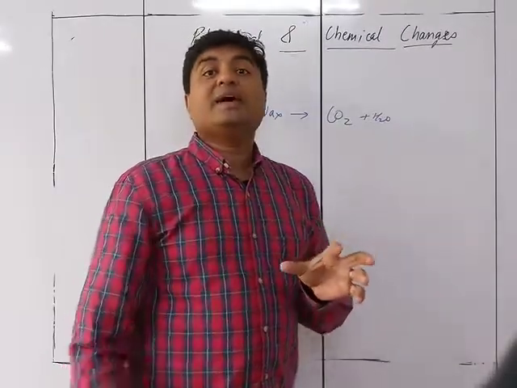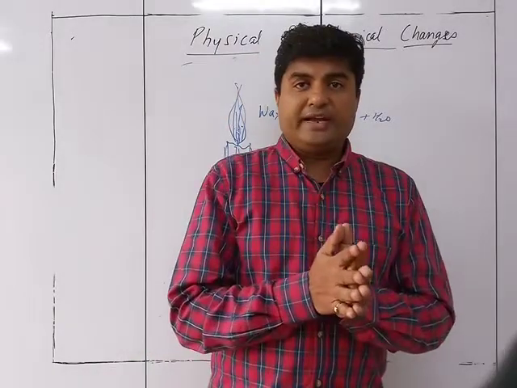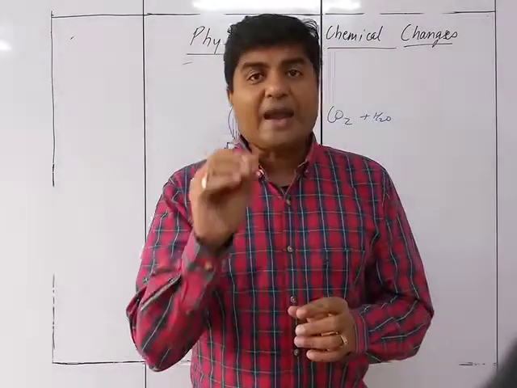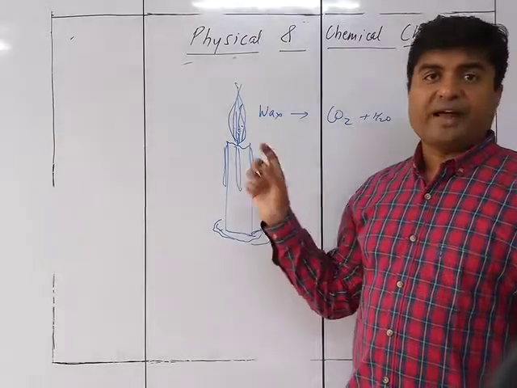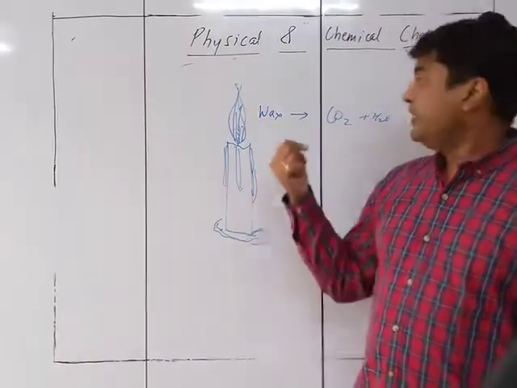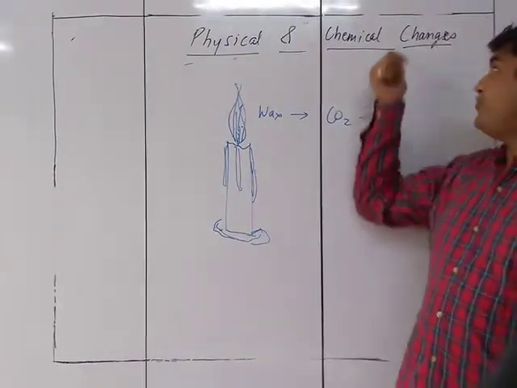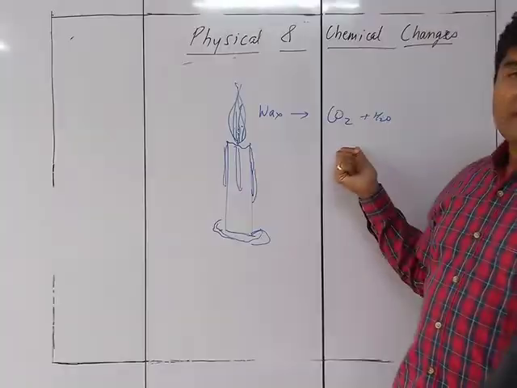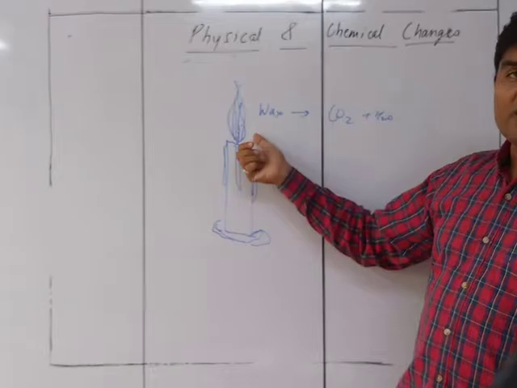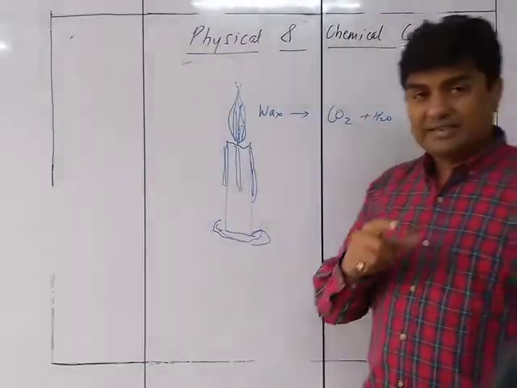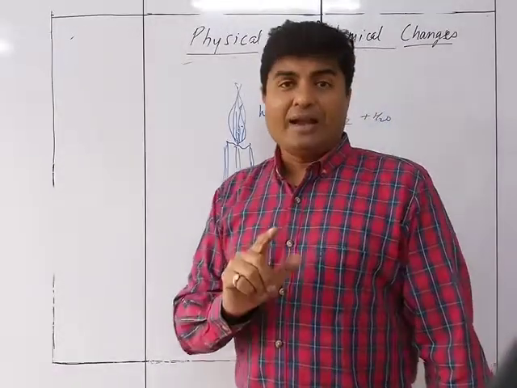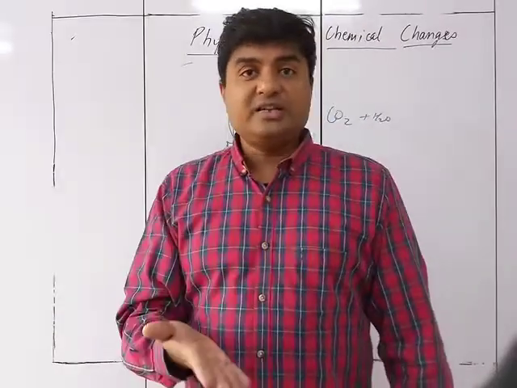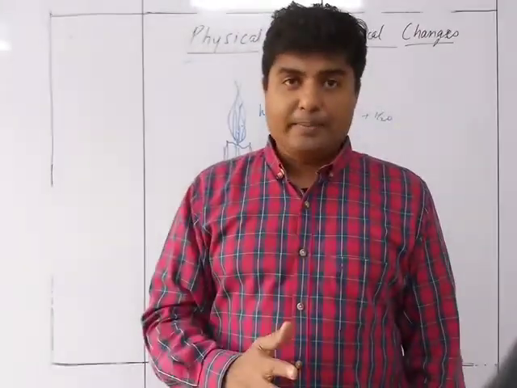That means there is a chemical change, because that part of the wax which has burnt off has converted into a new form. So melting is physical, and formation of carbon dioxide by burning of the wax is a chemical process. Hence, burning a candle is a physical change as well as a chemical change.